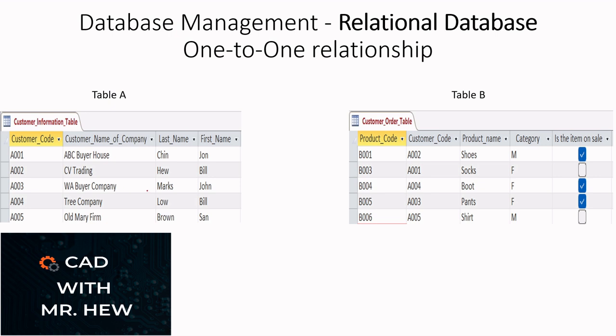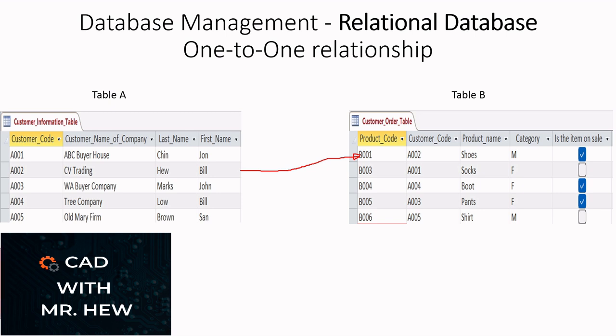our tables. We have table A, which has the customer contact information. We have table B, which has the orders which were placed by the customers, right? So product B001 was purchased by customer A002. So we can say that this record is associated with this one, right?